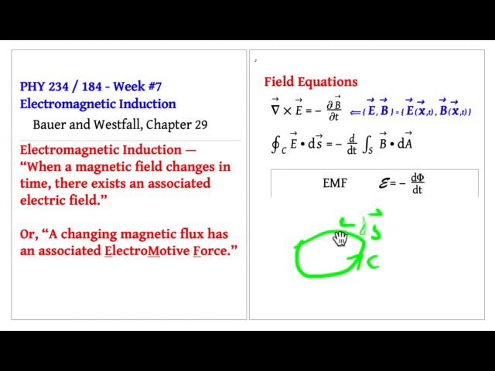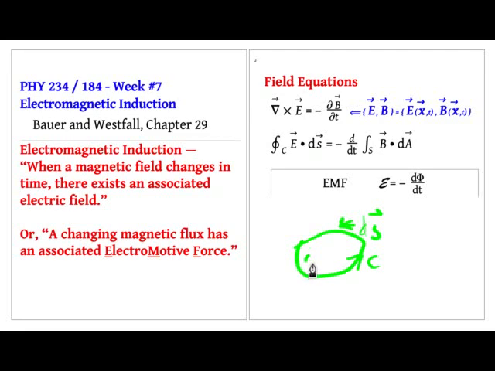So E dot ds would be the component of the electric field tangent to the curve, the tangential component of the electric field. So this quantity is the circulation of E around the closed curve C is equal to the negative rate of change of the integral of B dot dA over some surface.